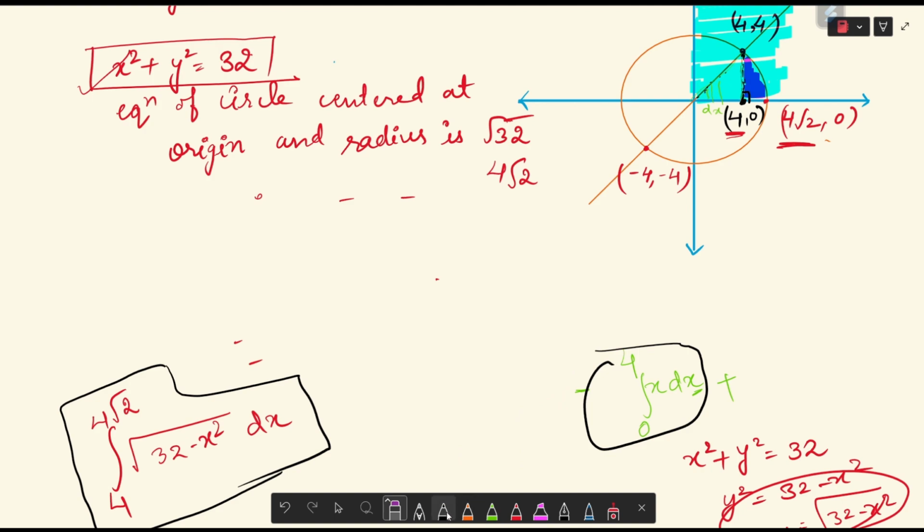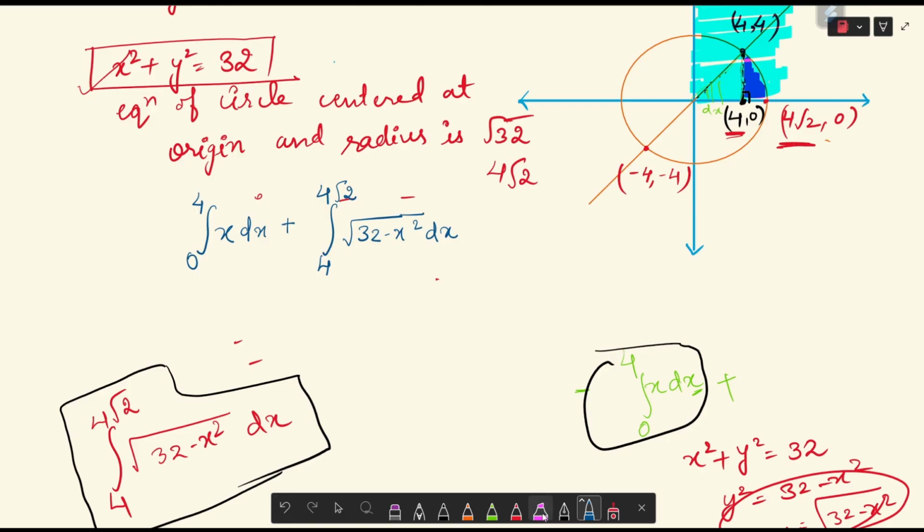So let me write it first. What we have is integration 0 to 4 x dx plus integration 4 to 4 root 2 under root 32 minus x square dx.